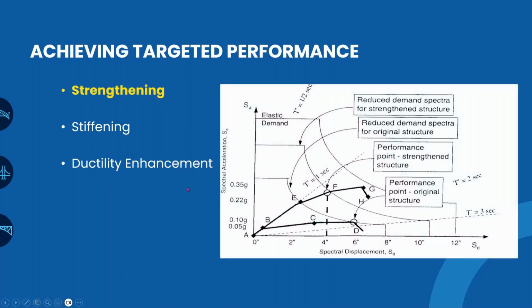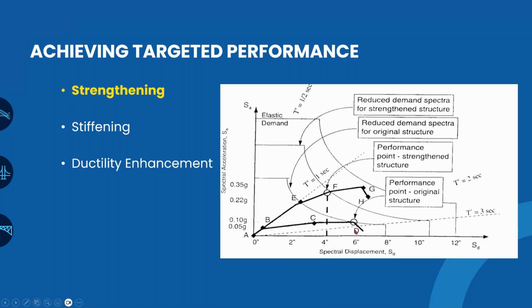So in this case, if we are considering strengthening, if you see, this is basically my demand curve and this is my capacity curve. Before strengthening, the structure was somewhere here. Once we strengthen the structure by increasing the section size and the amount of reinforcement, the strength of the structure will increase, and so will the performance.